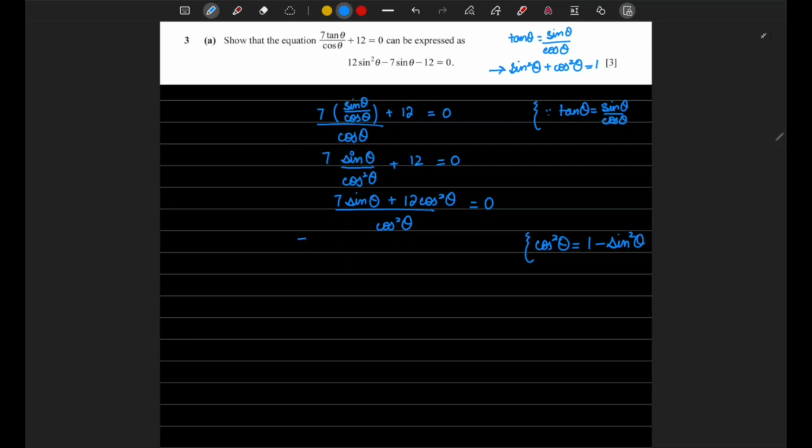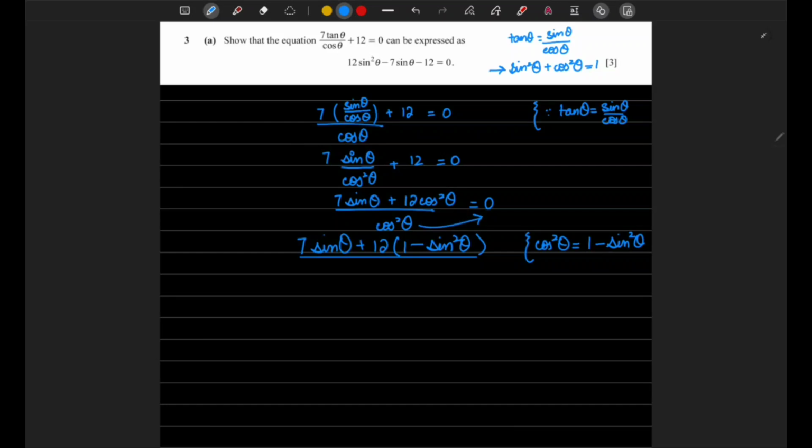So it becomes 7 sine theta plus 12 times 1 minus sine square theta over 1 minus sine square theta. Or simply, we can just shift this one to the other side and it becomes 0.